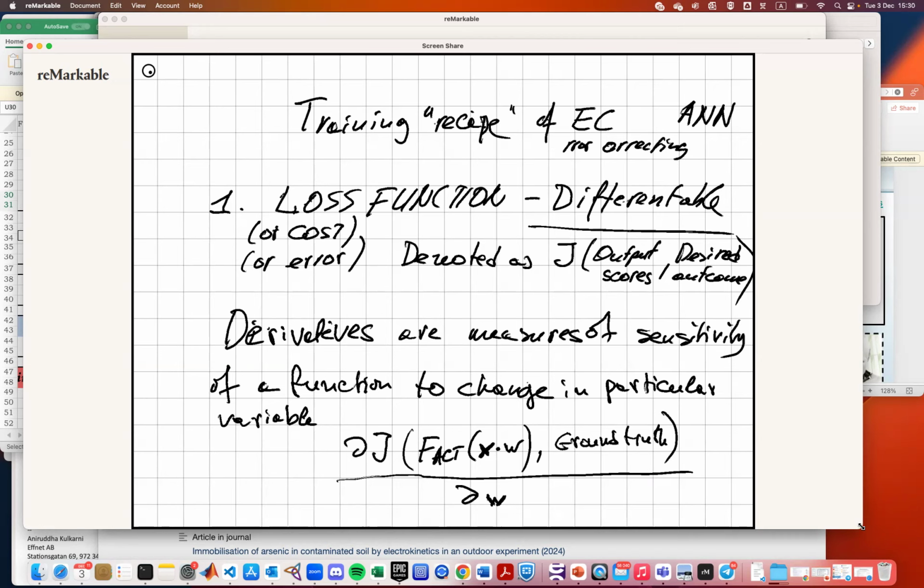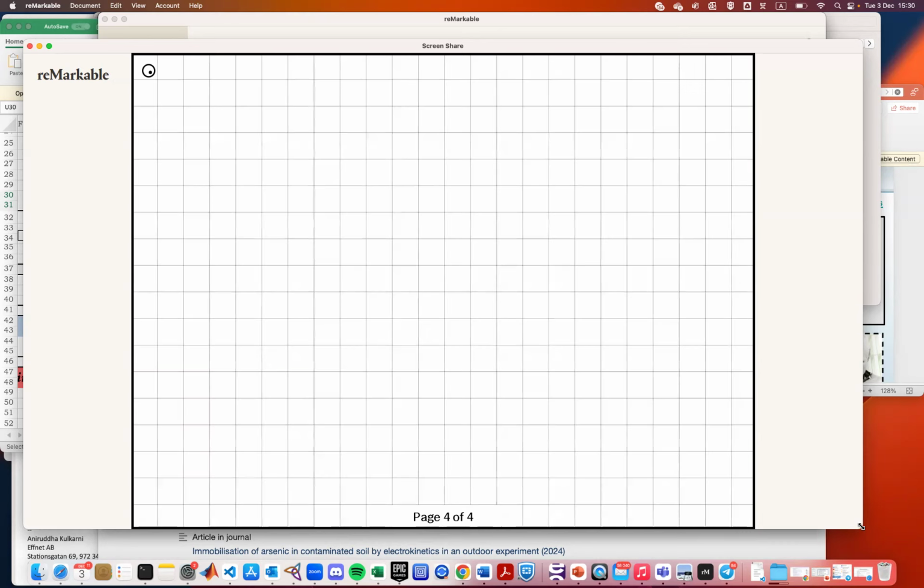So the actual learning rule is now rather simple. We want to adjust the weights according to the outcome of the optimization, taking into account this derivative.